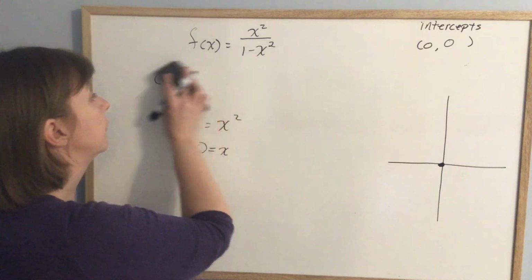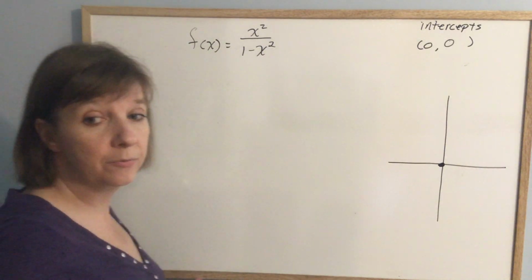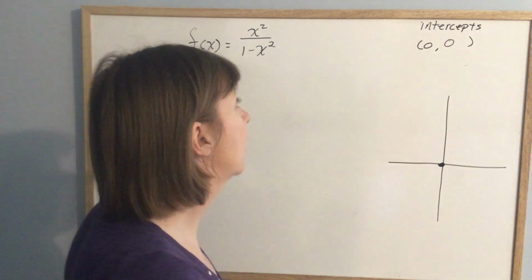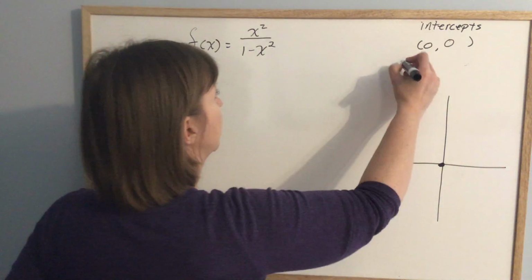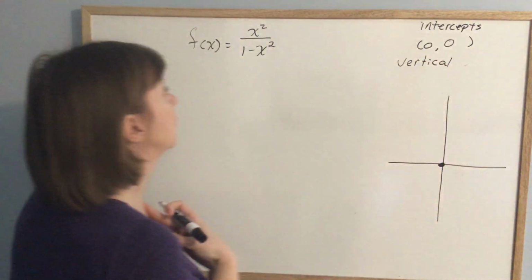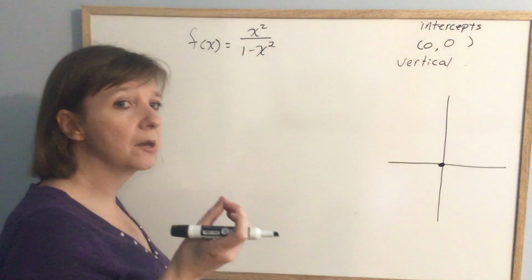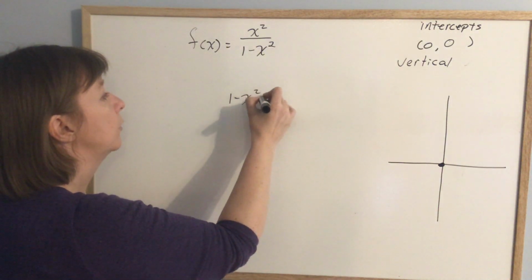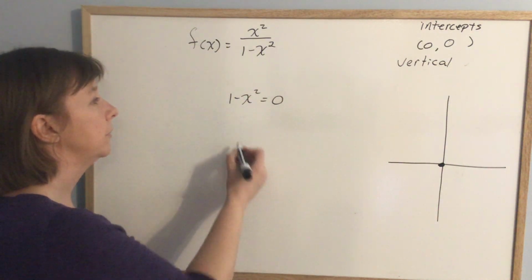I'm going to figure out vertical asymptotes and if there's any horizontal asymptotes or if there's any oblique asymptotes. So let's start with vertical asymptotes. Vertical asymptotes happen when the bottom is 0. So when would the bottom, the 1 minus x squared, be 0?